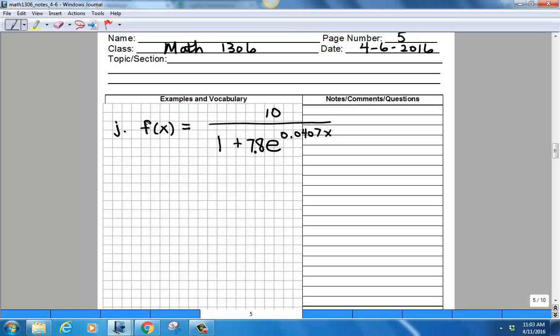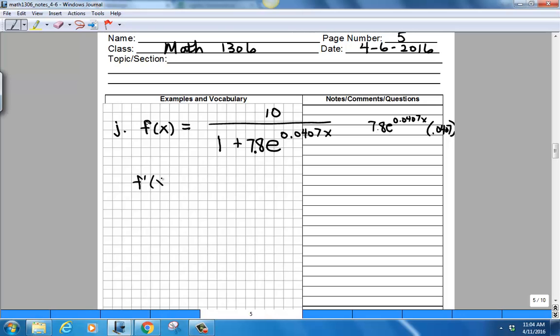Albert told us the rate of change of that denominator was 7.8e to the 0.0407x, all of that multiplied by 0.0407. That's the rate of change of the denominator. I want to remember that, because it's going to become important here in finding the rate of change of this formula.